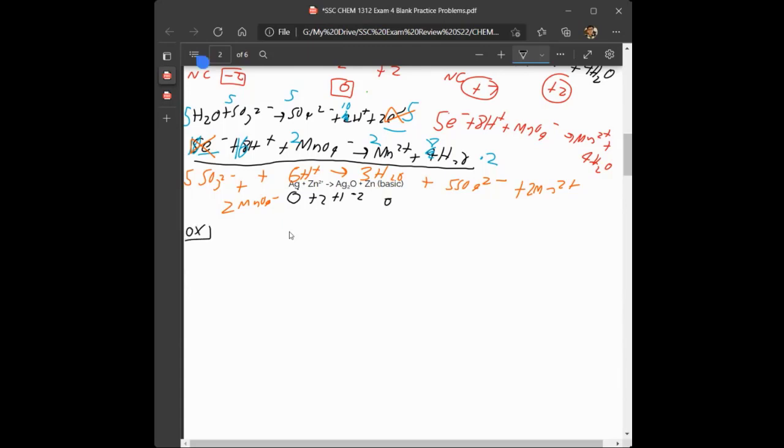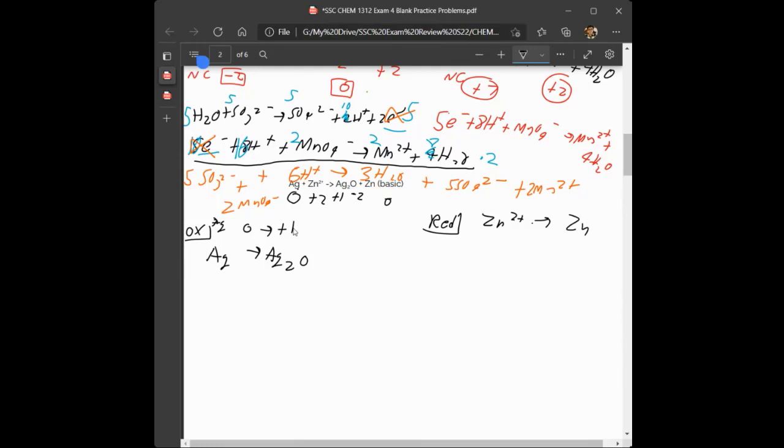For oxidation, I see that my Ag went from 0 to plus 1, so the oxidation half reaction is Ag to Ag2O. My reduction reaction is going to be Zn2 plus going to Zn.